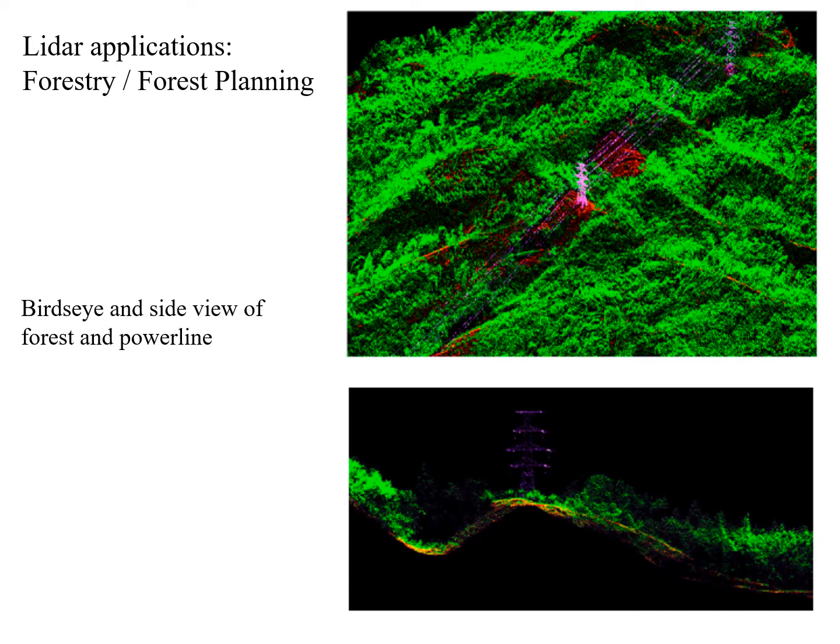My applications are forestry and forest planning. If you look at the top figure, you can see a power line in an area that's forested, and you have to maintain the areas beneath these power lines, because if the vegetation gets too tall, you wind up in a situation where you can't go in to maintain it, or it might intercept one of those power cables.